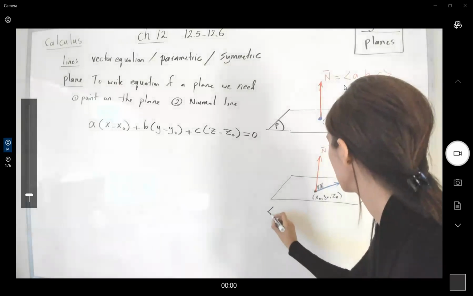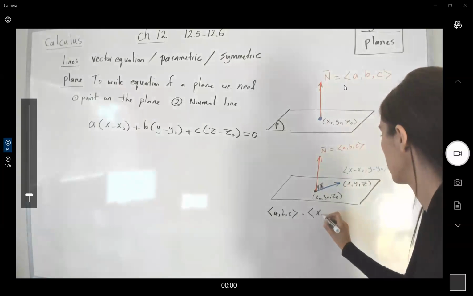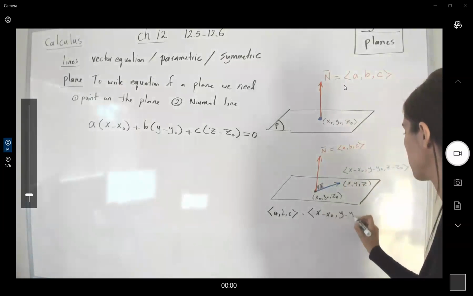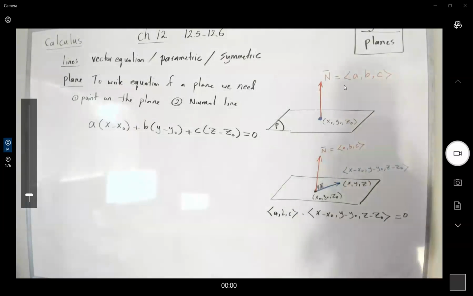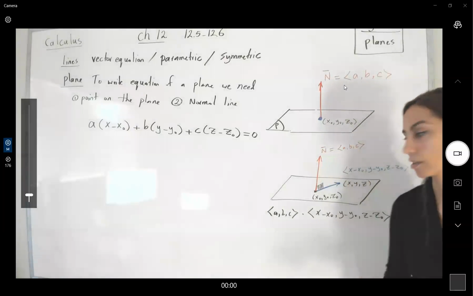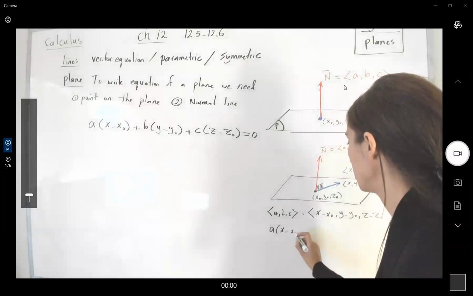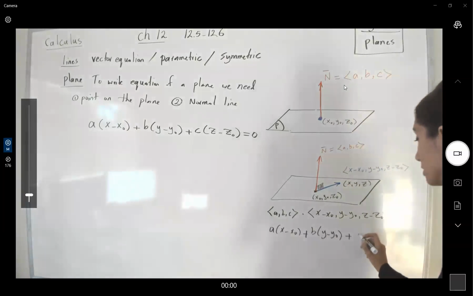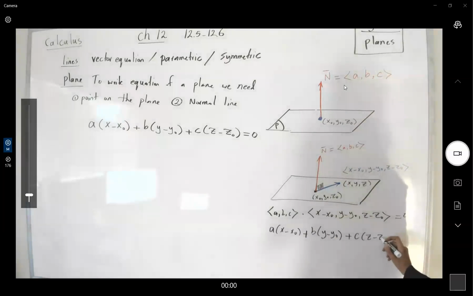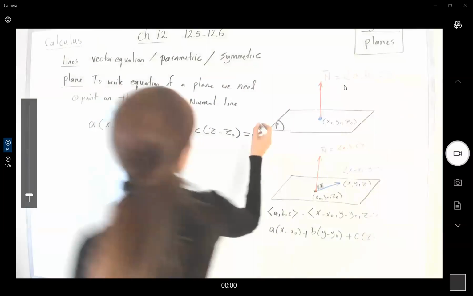So the dot product between a, b, c, and x minus x sub 0, y minus y sub 0, and z minus z sub 0 is 0. But we already know about the dot product. It means that a times x minus x sub 0 plus b times y minus y sub 0 plus c times z minus z sub 0 is 0. That's how we get the equation of a plane.